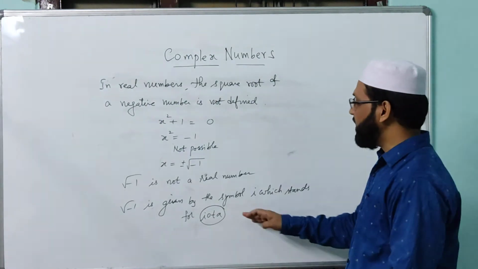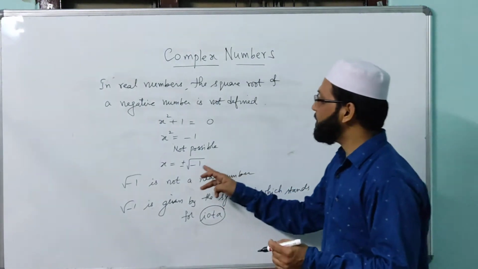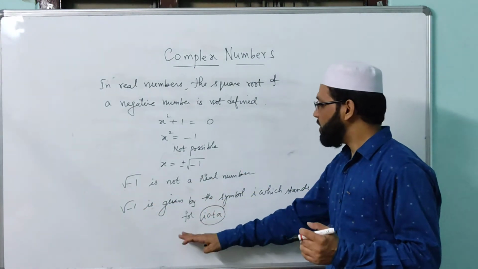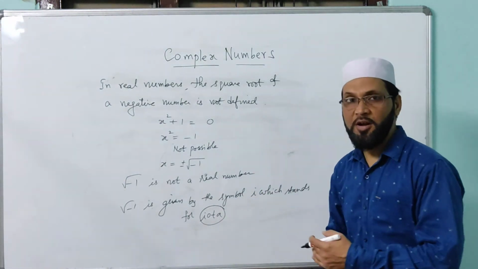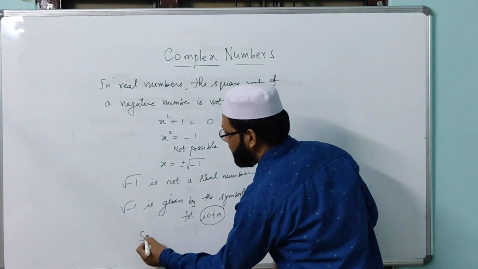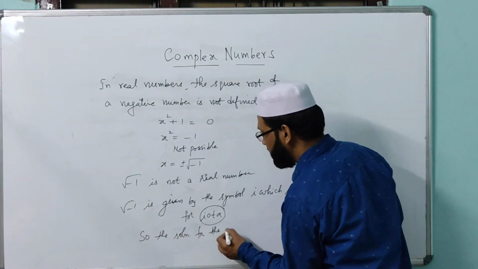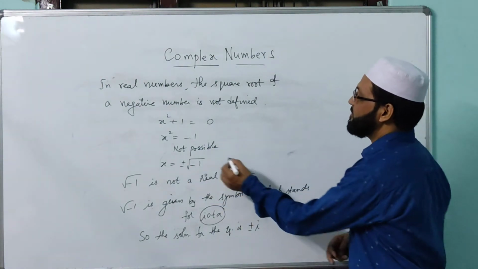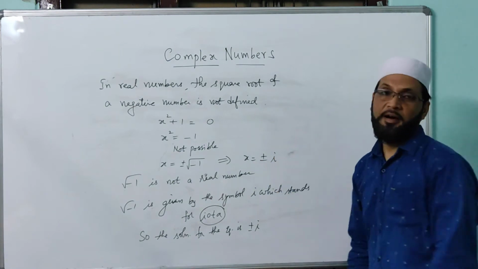It is actually iota, but most people prefer to call this simply I. So the solution for this equation is plus or minus I. We can write this as x equals to plus or minus I.